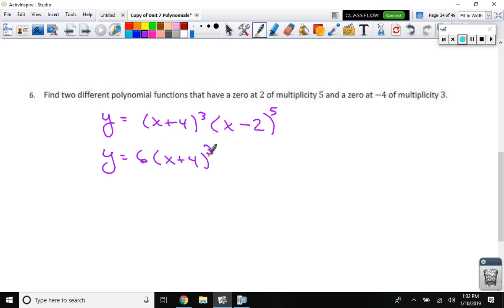What I don't want you to do, this is what I was just talking about, is distributing. Because PEMDAS says I would have to do all of this first before I was allowed to distribute. How would you show it if you wanted something just multiplied by the first thing, x plus 4?